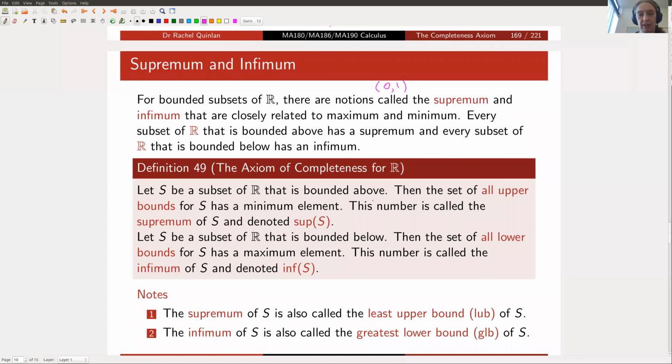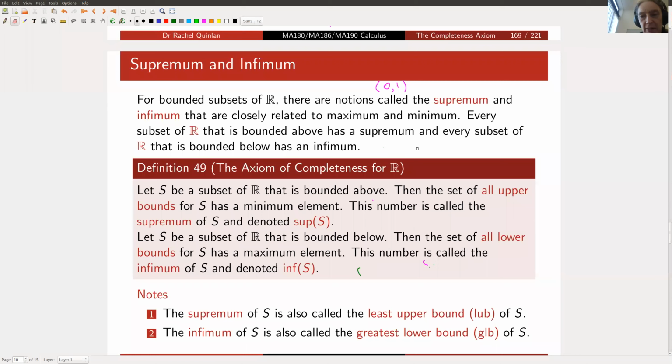Let me imagine that its points are colored green. Maybe it consists of a few separate intervals and some scattered points. All these things live on the real number line. So the green points are the ones that belong to S.